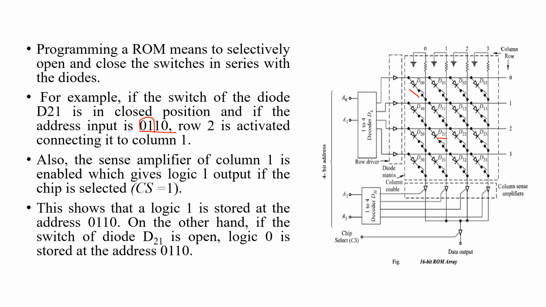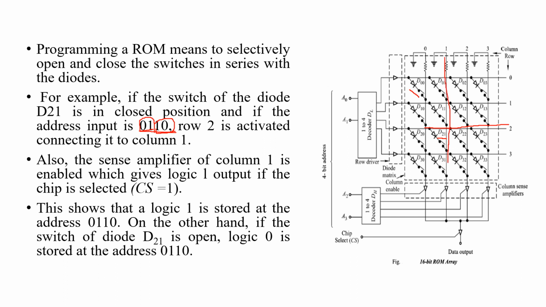The lower bits are A1, A0, and these A1, A0 are 10, which means 2. The last 2 bits represent the row. So 10 means the second row. So it is connected between the second row and 01, and 01 means column 1.